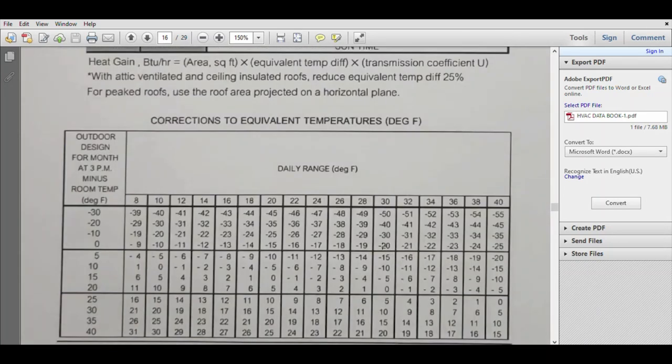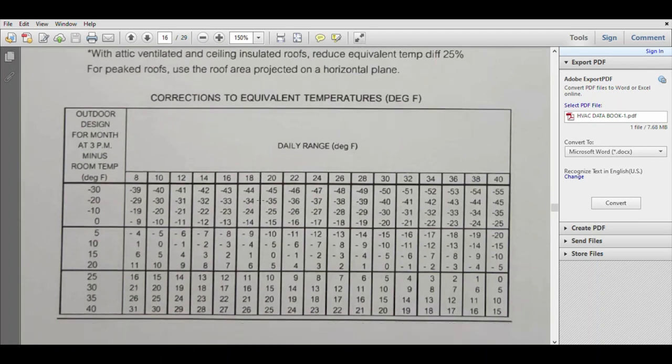For this equivalent temperature difference of 10, we have to add correction factors. Our temperature difference is 18.2, outside minus inside, but 18.2 is not there, so we go for the higher value, that is 20, and the daily range for Bangkok is 22.